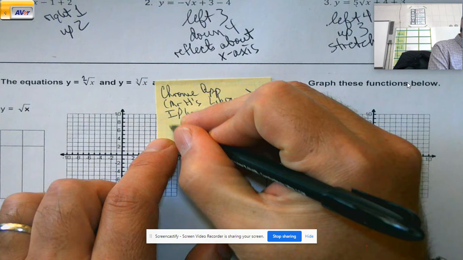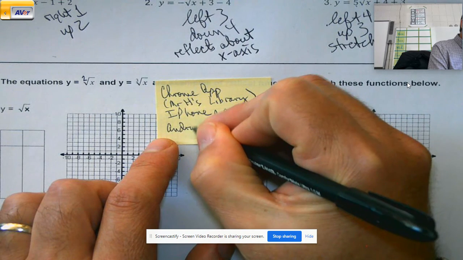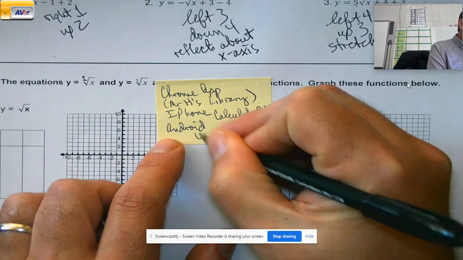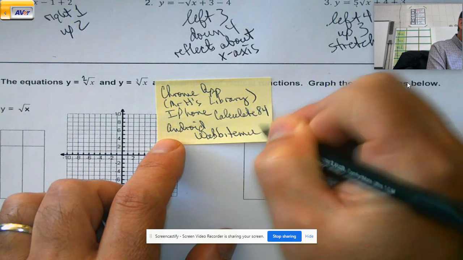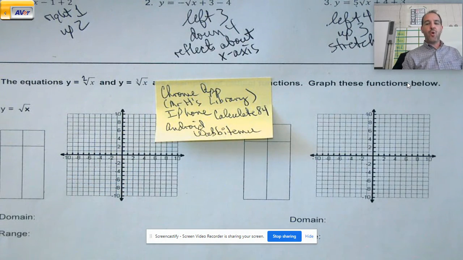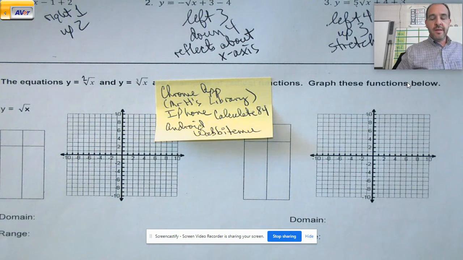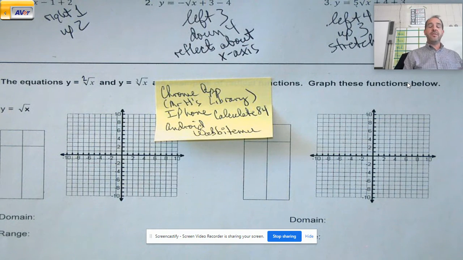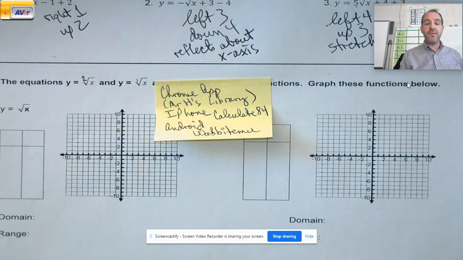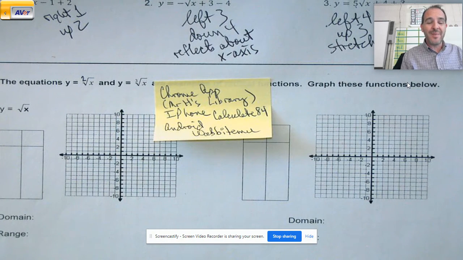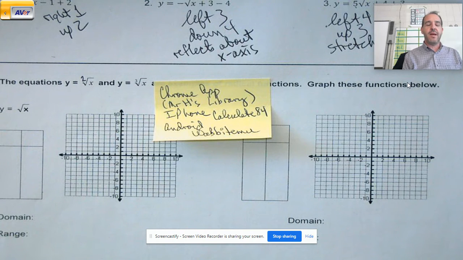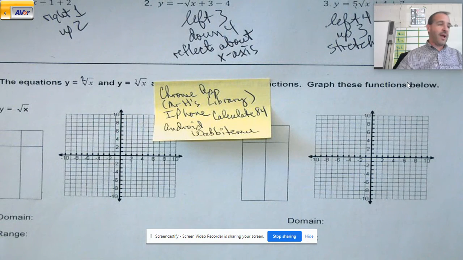And then if you are in Android world, there's a little more work to this one, but it pays off because it's the same thing. And no, I'm not misspelling things. It's called Wabbit Emu. It is the best Android one that I've found, but I always have students looking. So if you ever find one for Android that is just like having the calculator here, please shoot me an email or message me or something so we can get that updated. So those are your options if you don't physically have a graphing calculator.